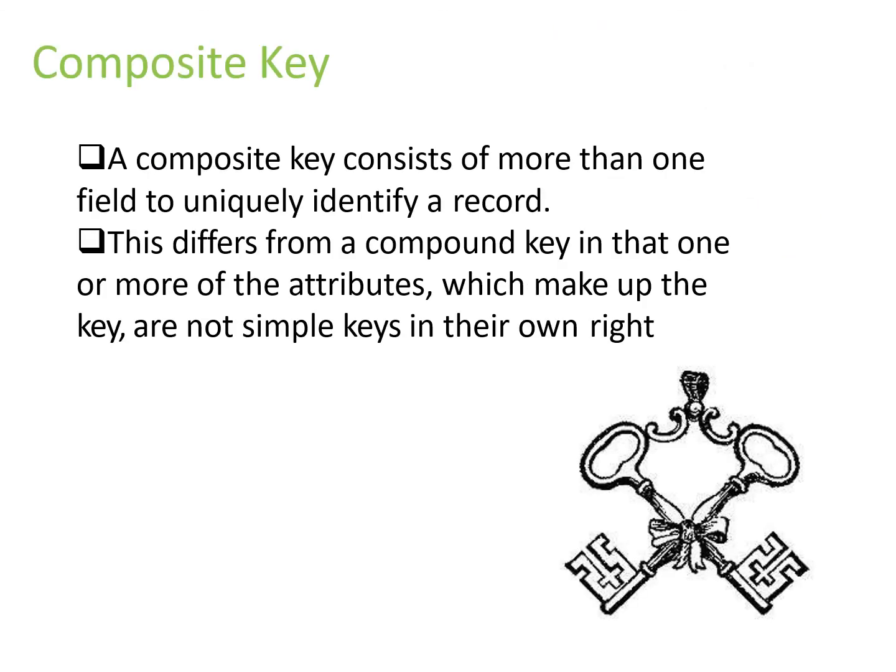Composite means it consists of more than one value or key value. One field to uniquely identify a record. This differs from a compound key in that one or more of the attributes which make up the key are not simple keys in their own right.